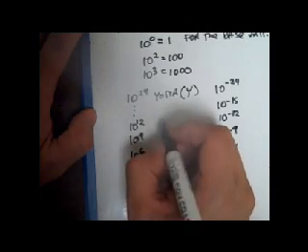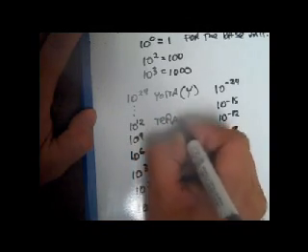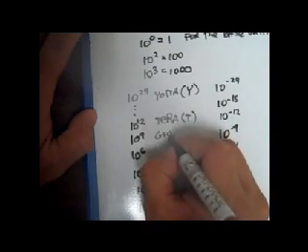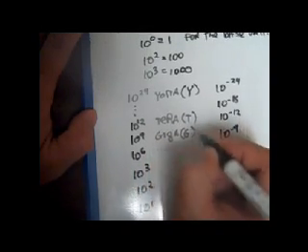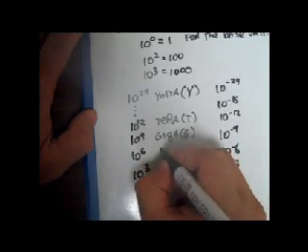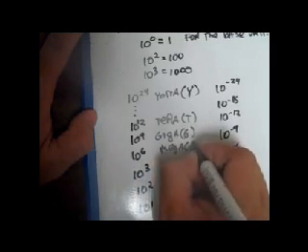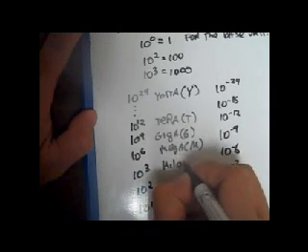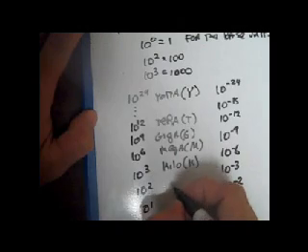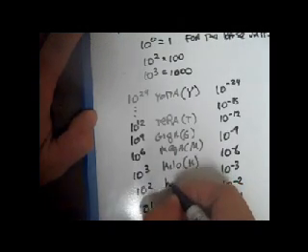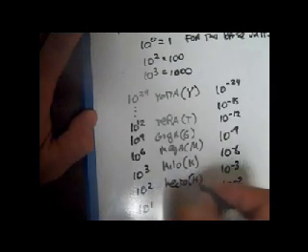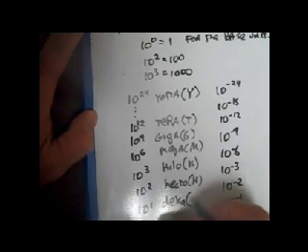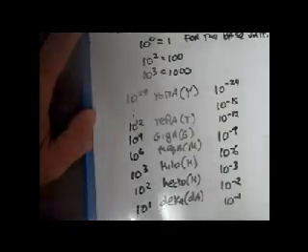And then 10 to the 12th is tera. 10 to the 9th is giga. Mega. Kilo. And hecto is 100, and then deca, da. Okay, so that's the very large.